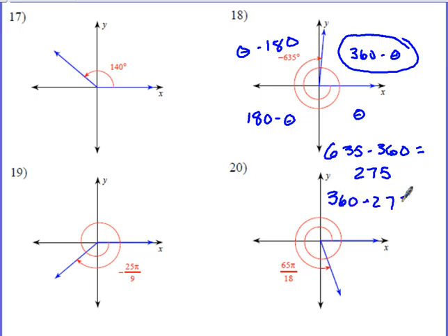So 360 minus 275 gives me 85. So that is my reference angle. 85 degrees is the reference angle for this angle. Remember, if I drew it straight down to the x-axis, that angle right there is 85 degrees. And that is my reference angle.